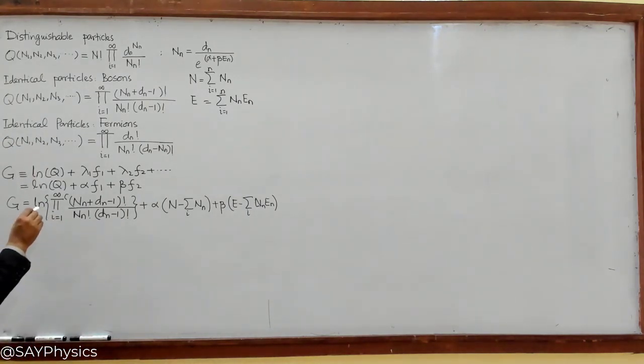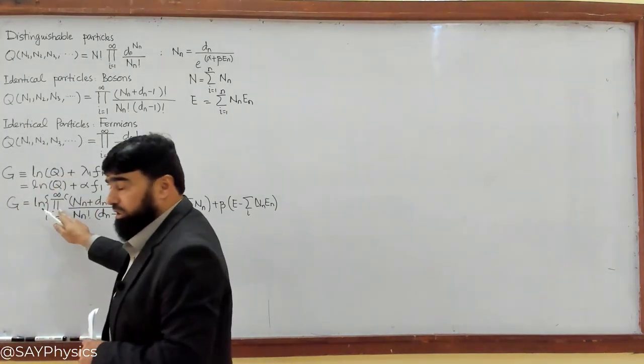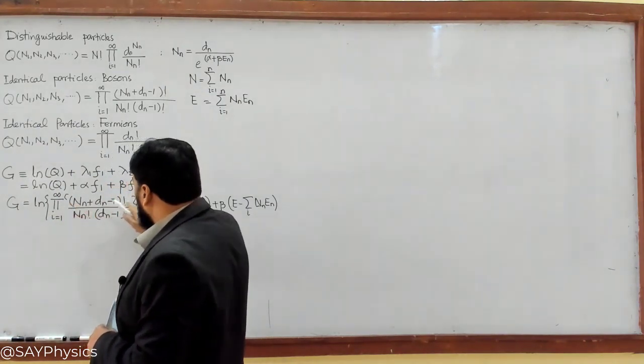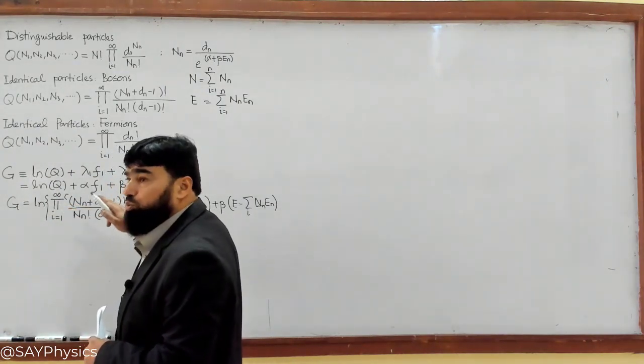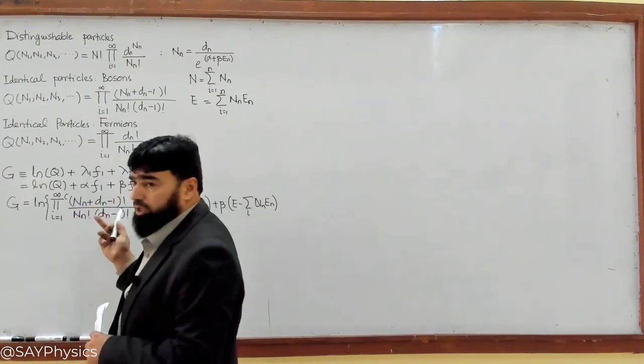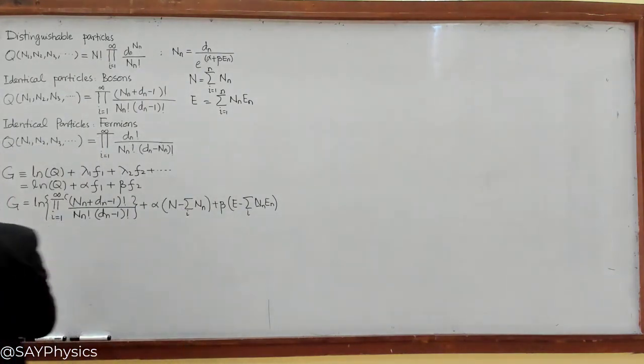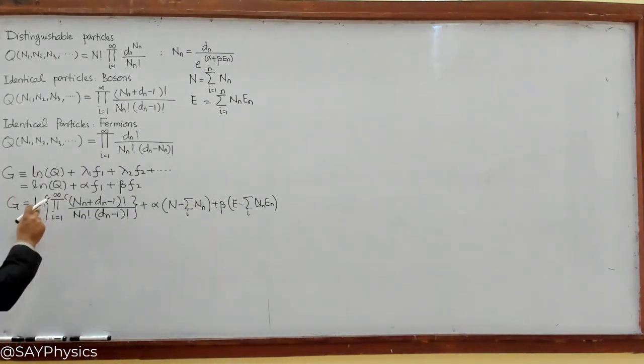As you know that when log is applied on a product, then it converts it into summation. And when we do summation on these terms, we are actually writing the nth term. So we don't need to write the summation. It is understood this is the nth term. And this thing is then equal to log of this minus log of this.